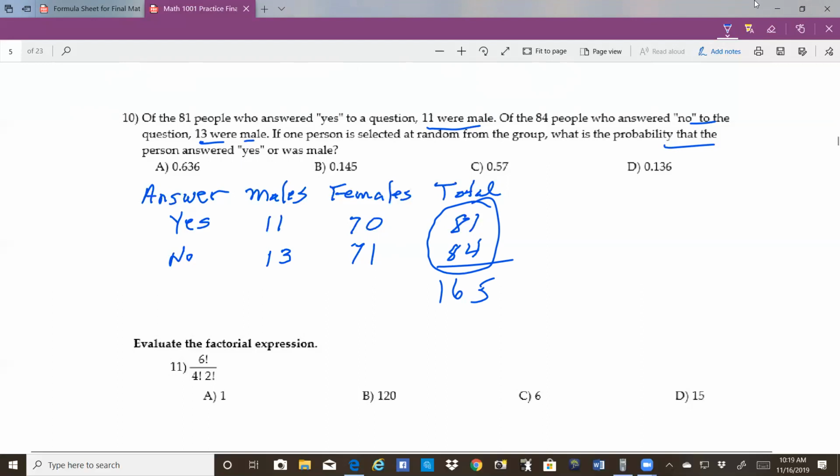And we want to find the probability that the person answered yes or was male. Well, the total number who answered yes were 81.